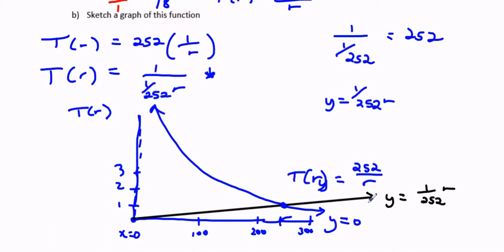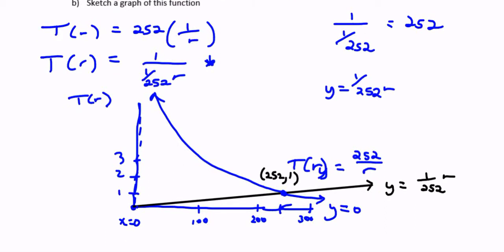If I were giving full marks for this, because you've only got one branch, I'm only going to expect 1 point labeled. So this is the point 252 and 1. And you've got your equation. I put the equations on there.